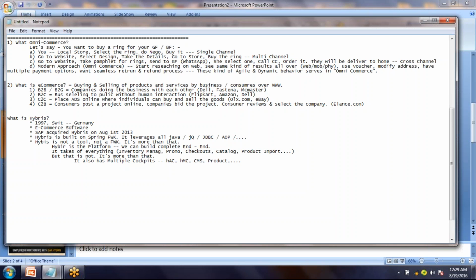What is the purpose of each cockpit? As I said, a cockpit is like a small software. The Hybris Administrative Cockpit helps you do administrative tasks, management tasks, content management tasks, product tasks. All these tasks you can do very easily because of these multiple cockpits.